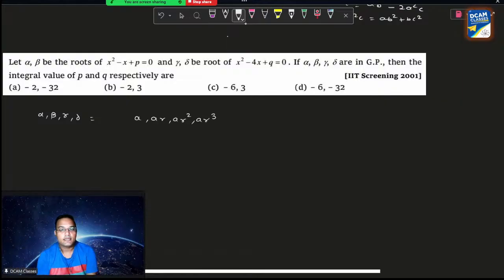I can say they should have given it more clearly: alpha, beta, gamma, delta are consecutive terms of a GP. This question could be challenged, but you have to take them as consecutive terms.